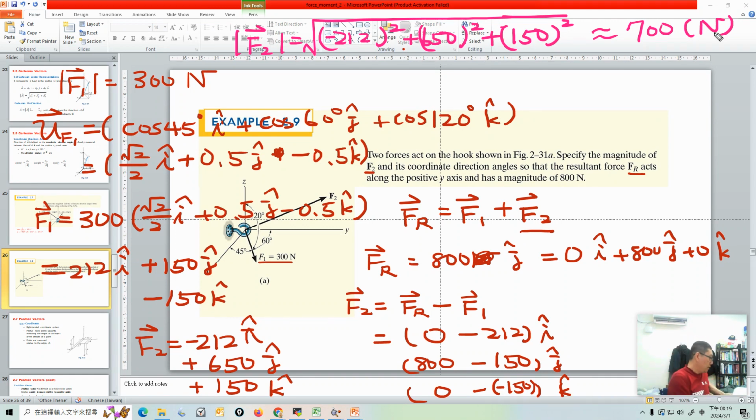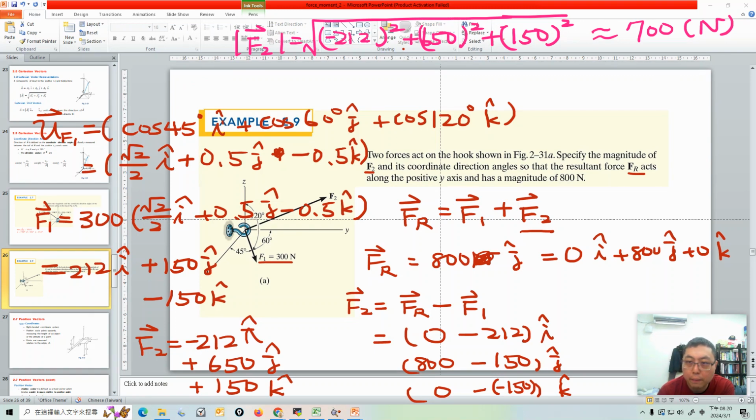And the directional cosines. What are cosine alpha, cosine beta, and cosine gamma? If you remember, cosine alpha, cosine beta, and cosine gamma are just each component divided by the magnitude.